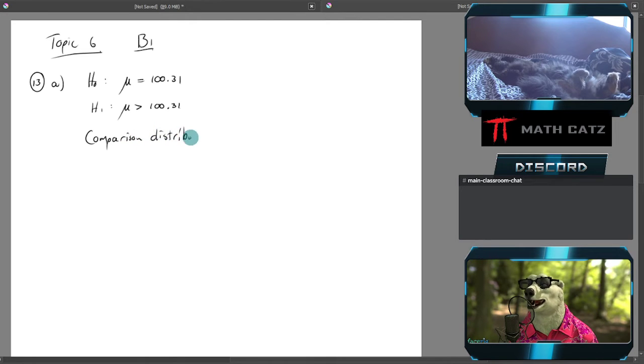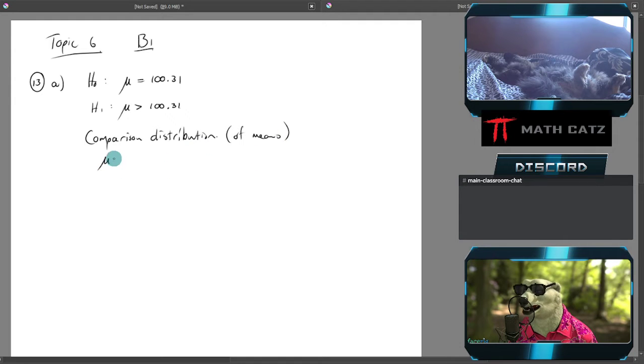The comparison distribution is, like before, the distribution of means, which has our mu M the same as mu under the null hypothesis, so 100.31, and our approximate standard deviation is now going to be S to indicate that we're approximating it, not sigma, the true population value. We don't know it.